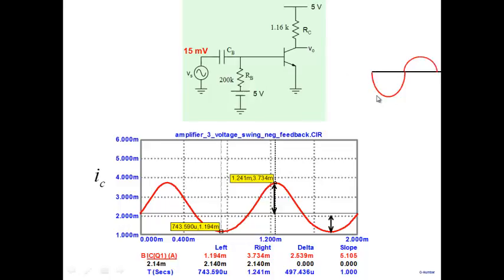Will that help? My sinusoid that I apply here is a distorted sinusoid with a larger negative value. Why? Because on the negative side I was not getting enough current, so I apply a larger voltage. So now I will get a larger current, and the two will balance each other out.